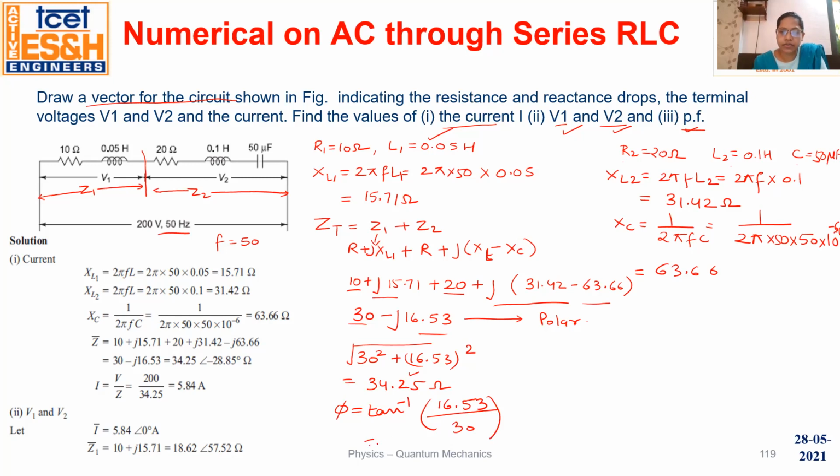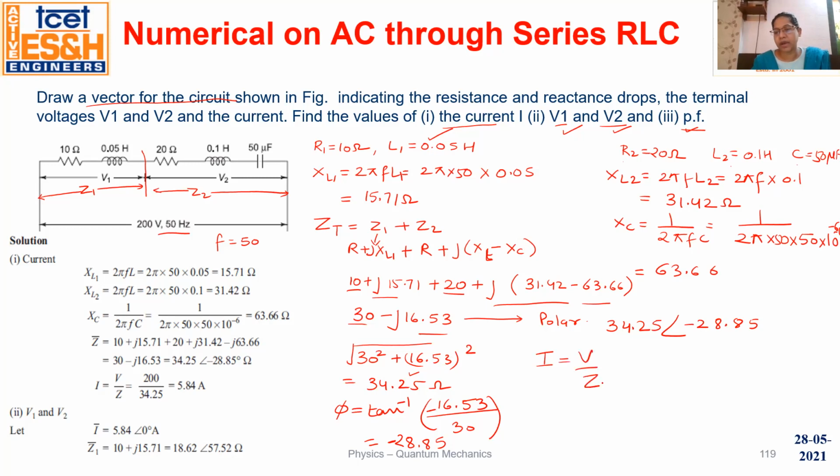So this will give 28.85 in minus, because this is a minus. So here we can write the polar form like this: 34.25 angle minus 28.85. Now we have to find I.